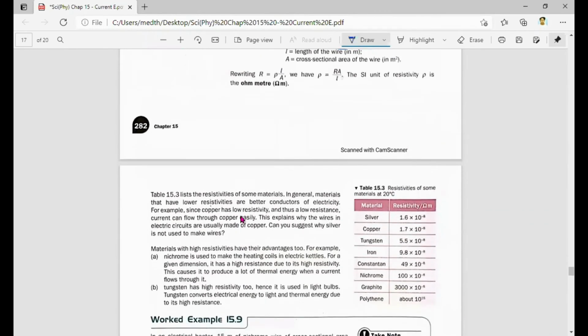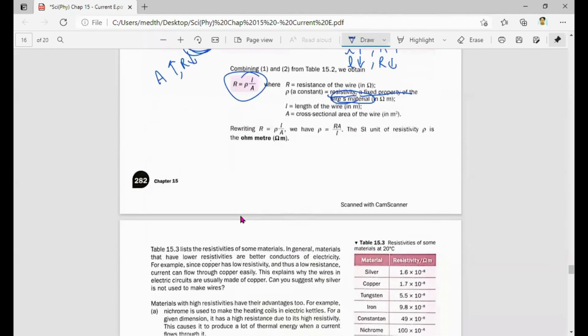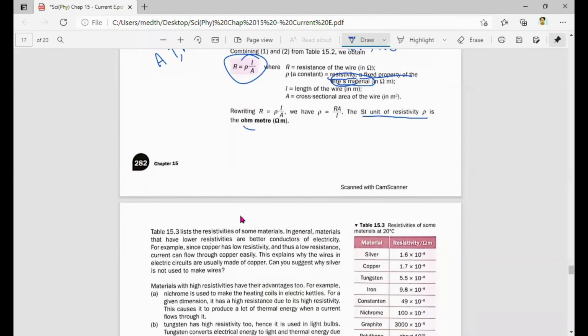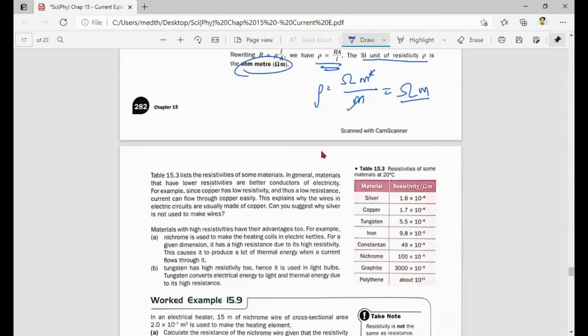The SI unit for resistivity is the ohm meter, because if you put this together, R is resistance with unit ohm, cross-sectional area is meter squared, and length is meter. If you cancel out, you can see the unit for resistivity is ohm meter. That's how they derive the units, in case some of you are wondering how come ohm meter.